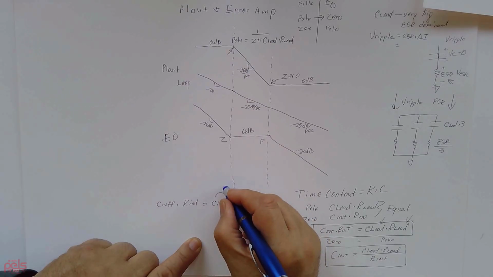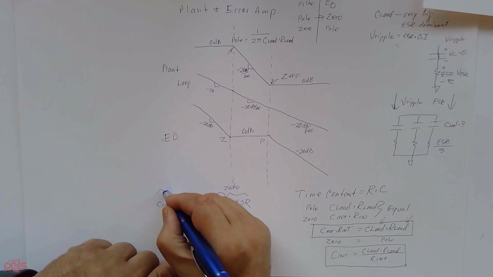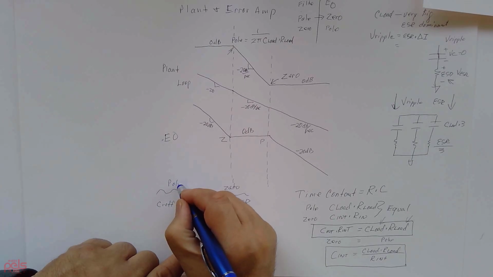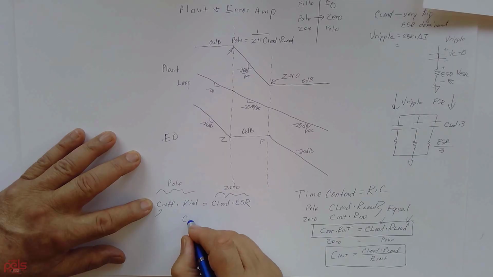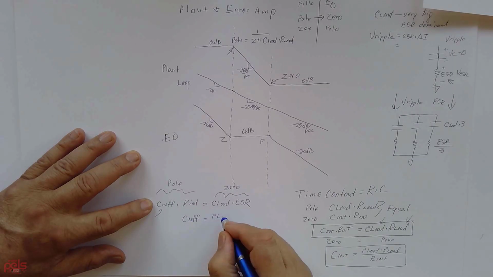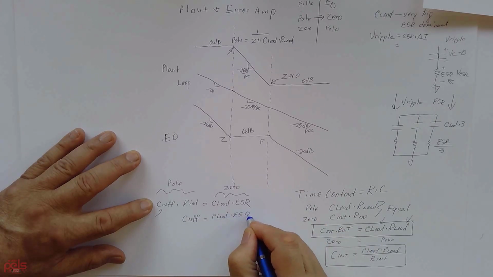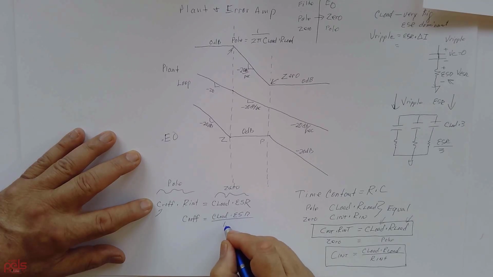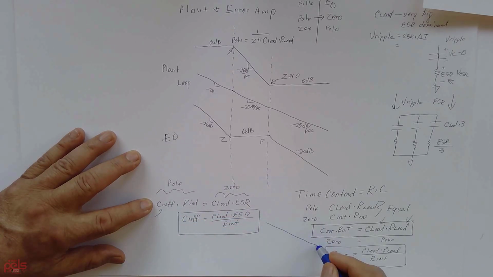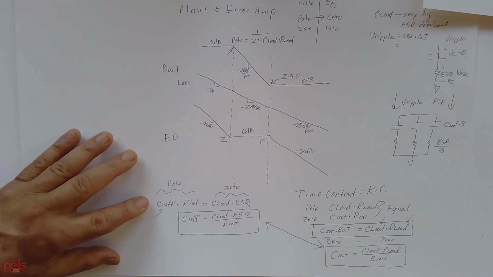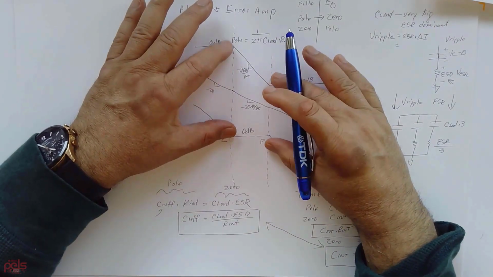This is a zero, and this is a pole. We want to solve for C roll off, which would be C load times ESR over R integrator. Basically, you just need these two equations, and you can ensure that they get canceled.